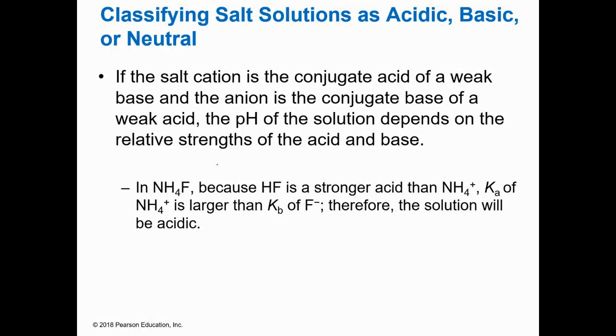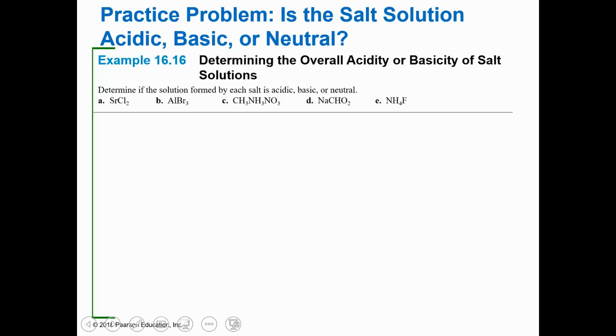Okay, so here we're looking in this situation. These are both weak. So then you look which one is stronger. So Ka is larger than Kb, so it's acidic. So then you're just comparing the Kas versus the Kbs. So now we're looking. I've got Sr, which is a strong base. I've got Cl, which is a strong acid, so this is neutral.